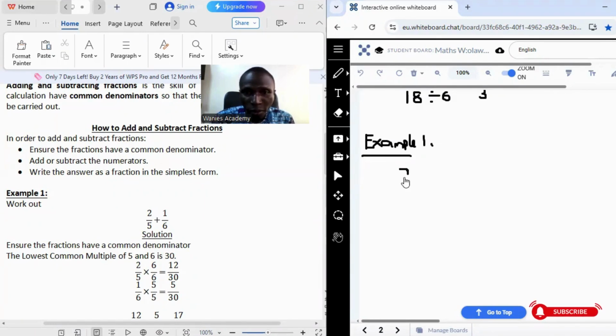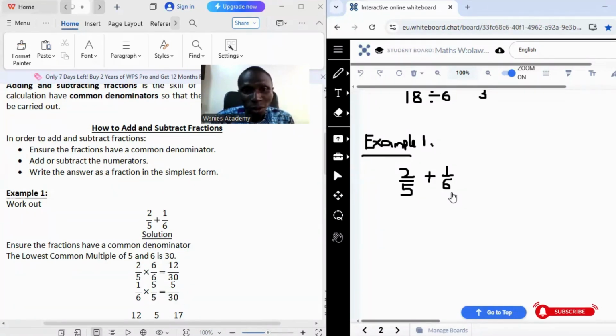We have 2/5 plus 1/6. So the first step here is to ensure the fractions have a common denominator. If you look at the denominator of the first fraction is 5, while the denominator of the second fraction is 6. So we have to make sure that they have a common denominator.